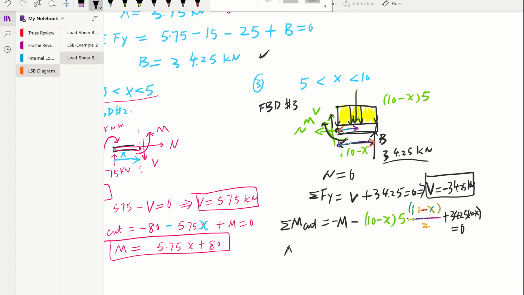So M, we're solving, is going to be equal to negative 10 minus x squared times 5 over 2. Then plus 34.25 times 10 minus x.